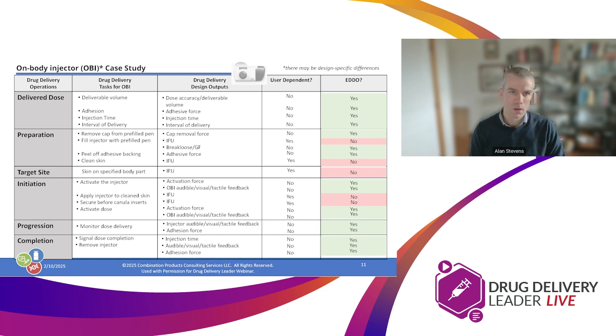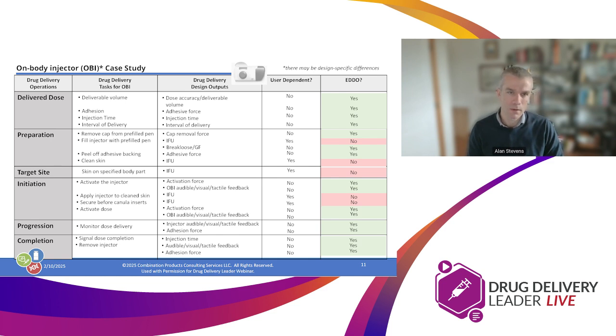So, for delivered dose, there are variations on the types of designs that we might see, particularly as we move away from something like a prefilled syringe up to something more complicated like an OBI, where, in order to assure that we have the delivered dose, a number of things are occurring on the device. It's delivering a volume.